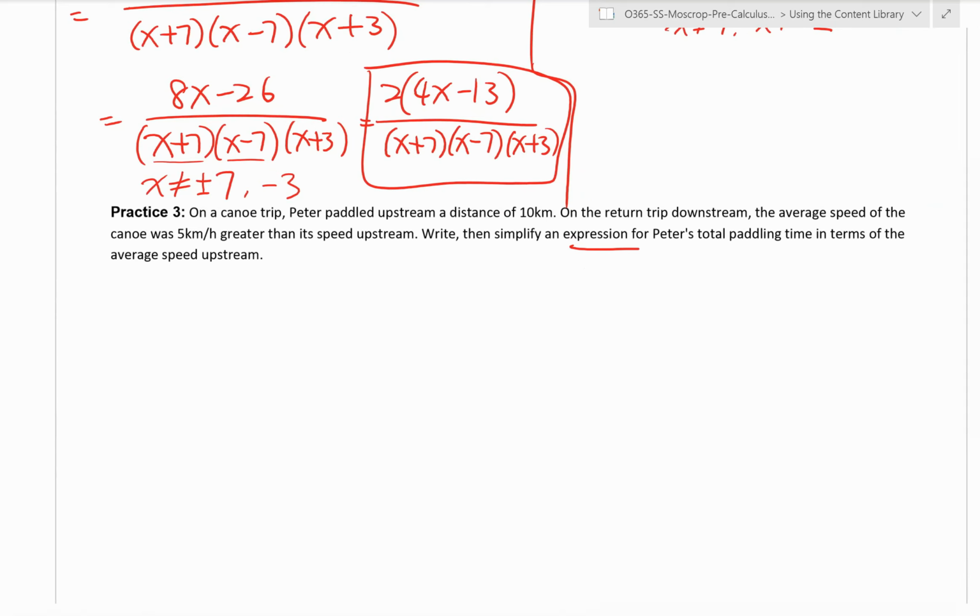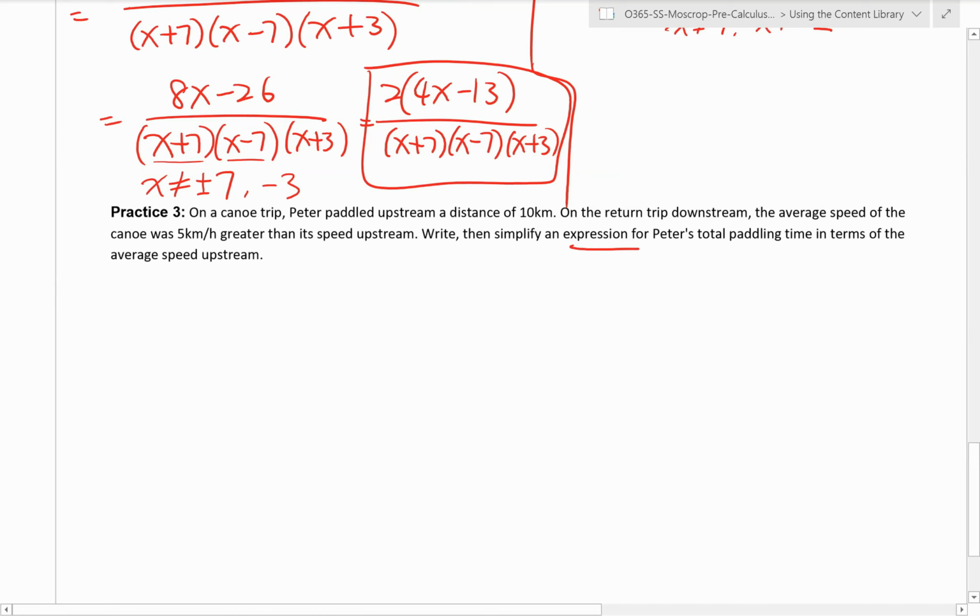On a return trip downstream, the average speed of the canoe was 5 kilometers per hour greater than its speed upstream. Makes sense because you're going down the stream, so you're going with the current, so you're going faster. Write and then simplify an expression for Peter's total paddling time in terms of the average speed upstream.